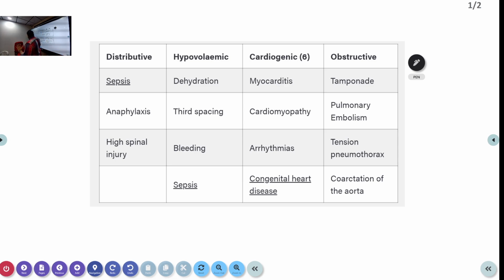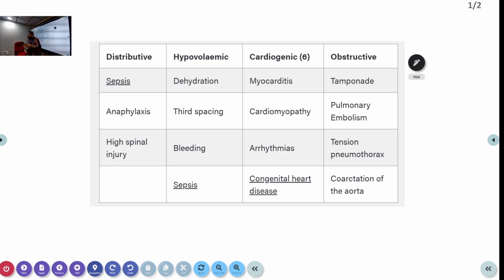Septic shock, as I told, is a distributive shock. There is sepsis, a microbial infection, and as a result a lot of inflammatory markers and cytokines are released in our body. The most important reason why there is septic shock is peripheral vasodilatation.